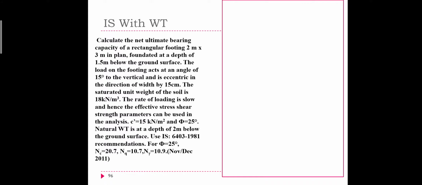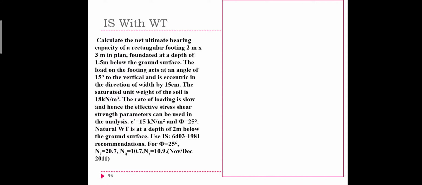Calculate the net ultimate bearing capacity of a rectangular footing 2 meter by 3 meter in plan, founded at a depth of 1.5 meter below the ground surface. The load on the footing acts at an angle of 15 degree to the vertical and is eccentric in the direction of width by 15 centimeter.